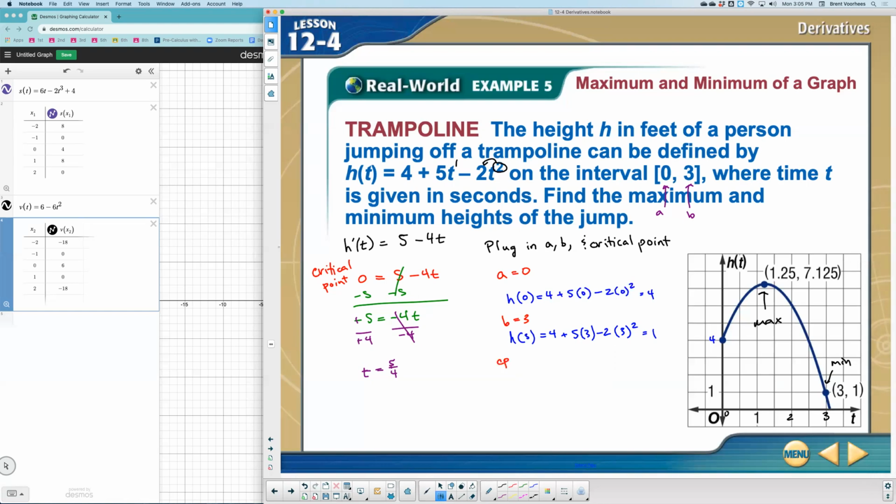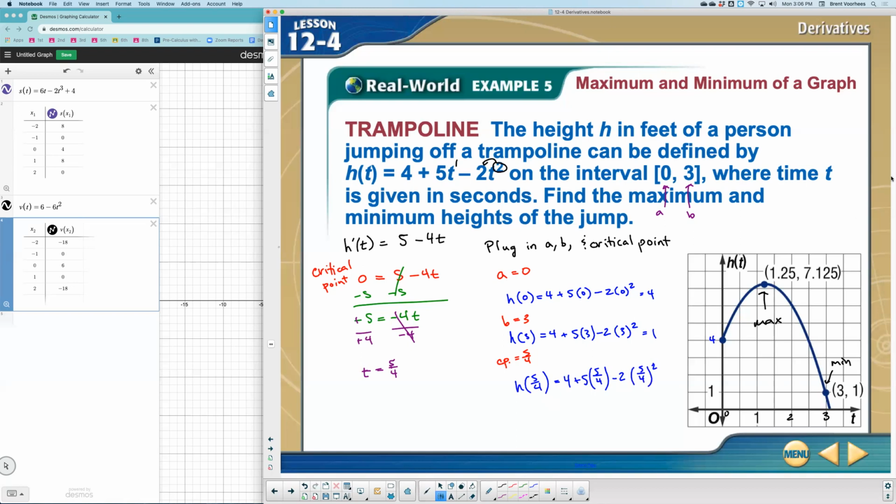So I'll just do CP, critical point, which we said was 5/4. So I want to plug in 5/4. And what do we get? We get 4 plus 5 times 5/4 minus 2 times 5/4 squared.